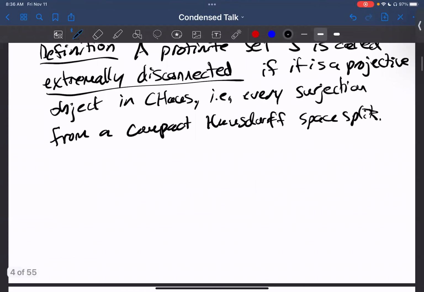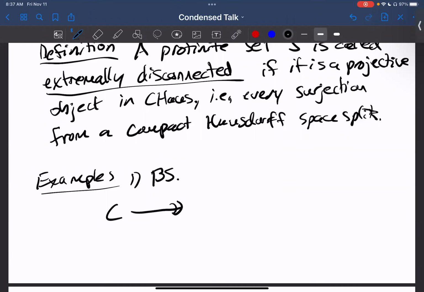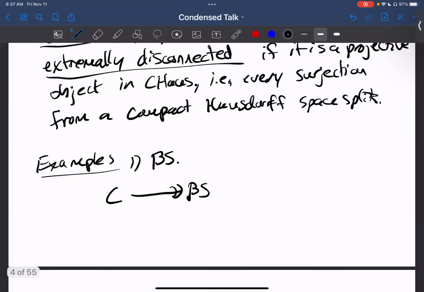All right. And some examples of extremely disconnected sets. The prototypical example of an extremely disconnected set is just our example from before, the Stone-Čech compactification of a set S. So why are these extremely disconnected? Well, if we have some surjection from a compact Hausdorff space to the Stone-Čech compactification of S, then we can just choose some set theoretic section of S living in here.